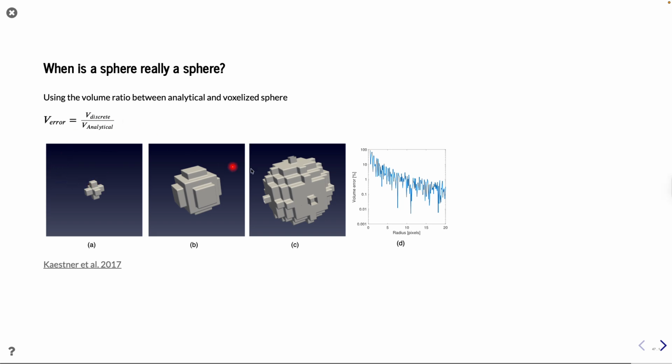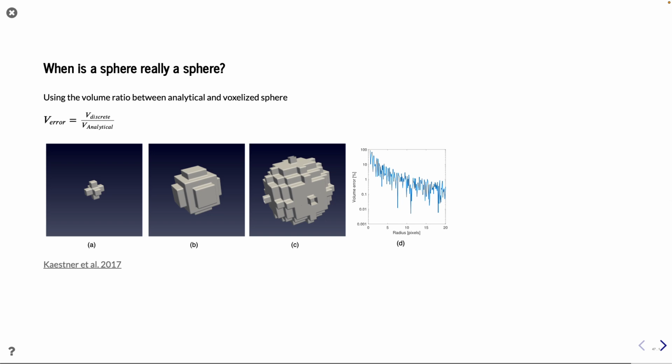I tried that for very many radii, and you can see that in the beginning the error in volume is pretty large, beyond 20% error. Then when you come to a radius of about 10, you're down to 1% error in the volume compared to the analytical volume. You have to go pretty far out to get a small error in the sphere volume.